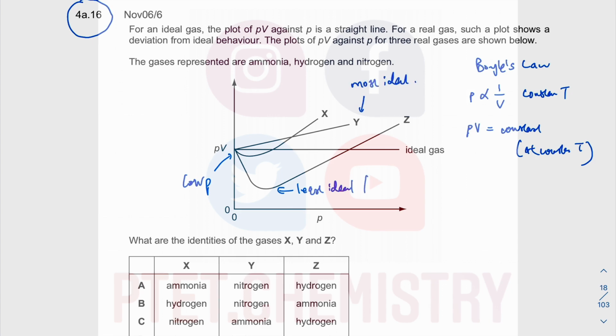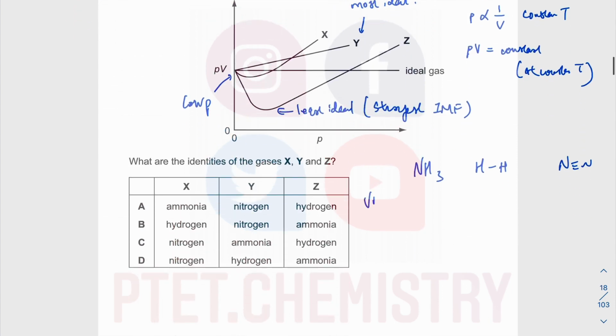So the least ideal is going to have the strongest intermolecular force, whereas the most ideal is going to have the weakest intermolecular forces. Between these three, ammonia and hydrogen gas and nitrogen gas, we can imagine them all having van der Waals, because they all have electrons in their molecule.